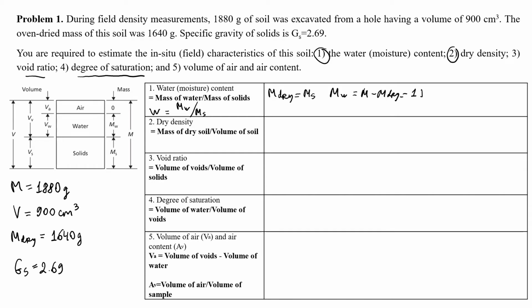It's 8,880 minus 1,640, which gives us 240 grams. So now we'll find the water content. It's the mass of water, which is 240 grams, divided by the mass of solids, which is also the mass of dry soil.